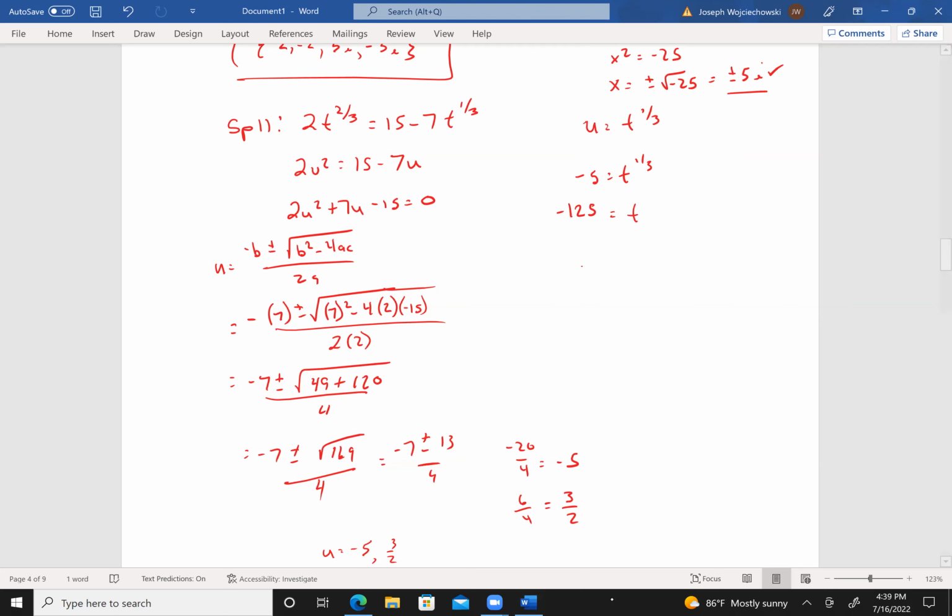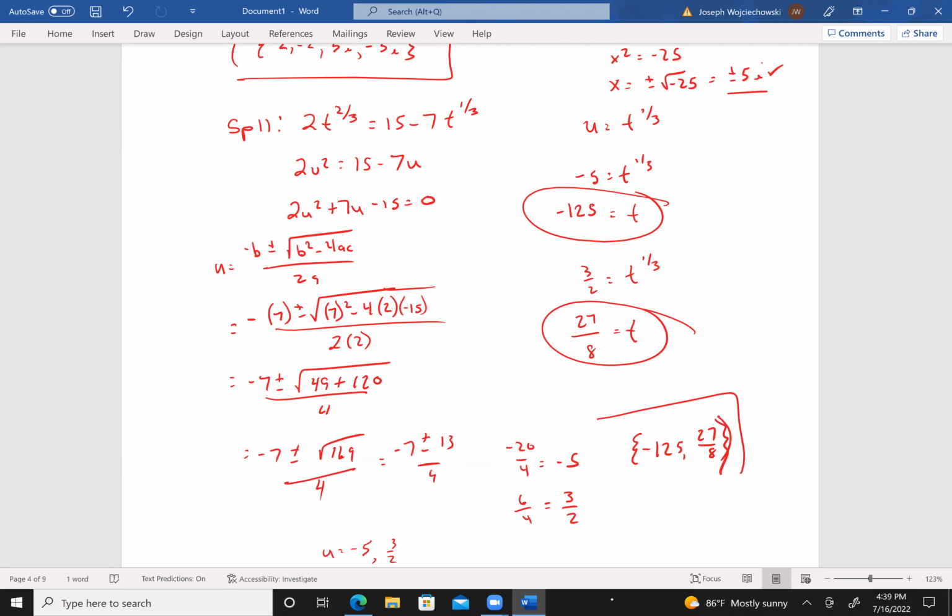And then we have 3 halves equals t^(1/3). Cube both sides. 3 cubed is 27, 2 cubed is 8. And those match up. So I'm looking at the solution set, negative 125 and 27 over 8.